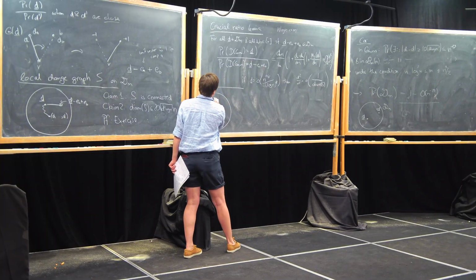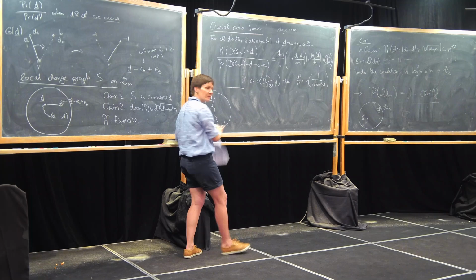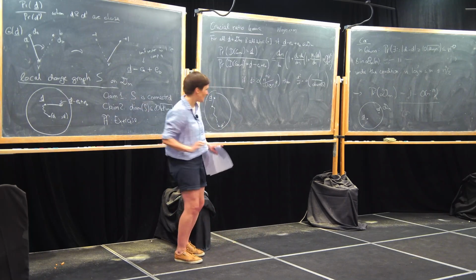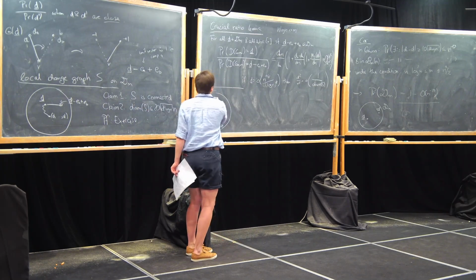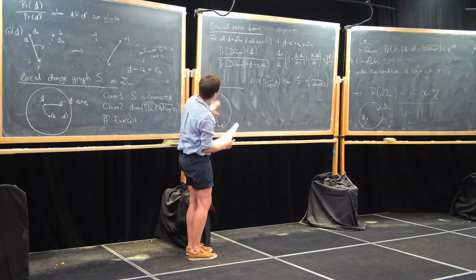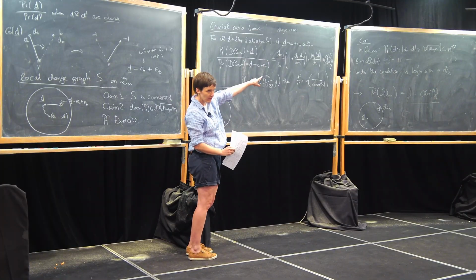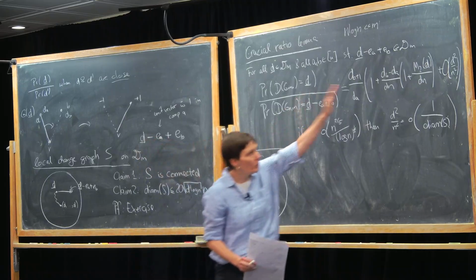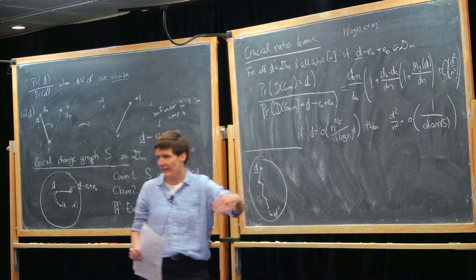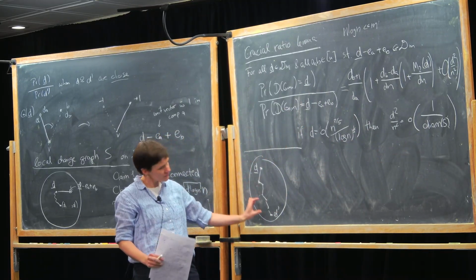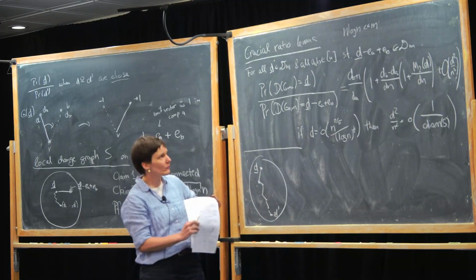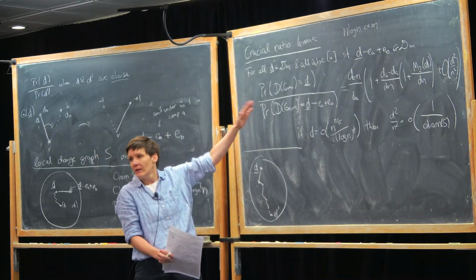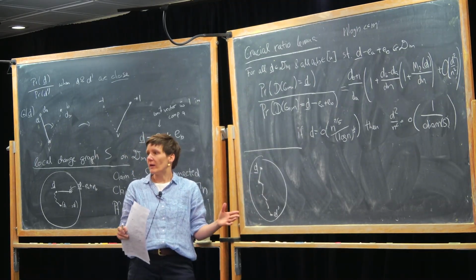Then I find my shortest path connecting these in this local change graph S. Along this, I have a very precise formula for the ratio, so precise that I can multiply the errors along these ratios and get a formula of the ratio with relative error little o of 1.